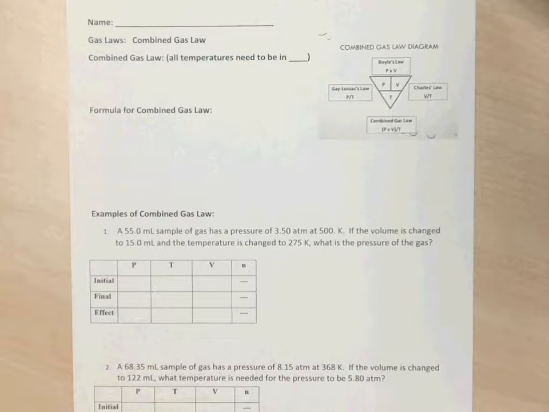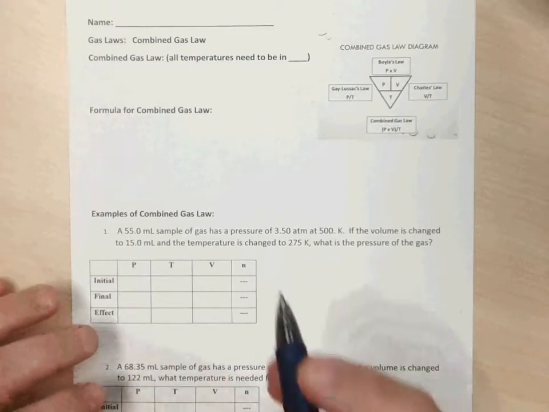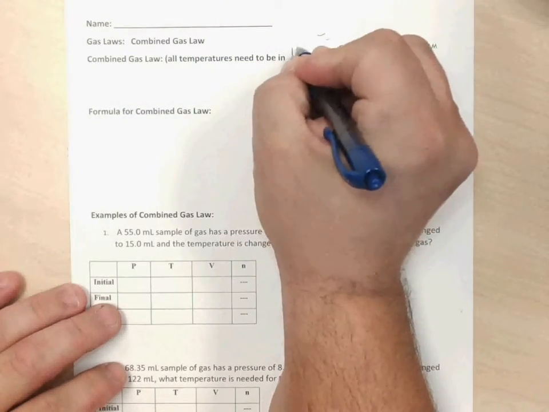Today we're going to be learning about the combined gas law. And just like the other gas laws that we have learned about in terms of temperature relationships, all temperatures need to be in Kelvin.